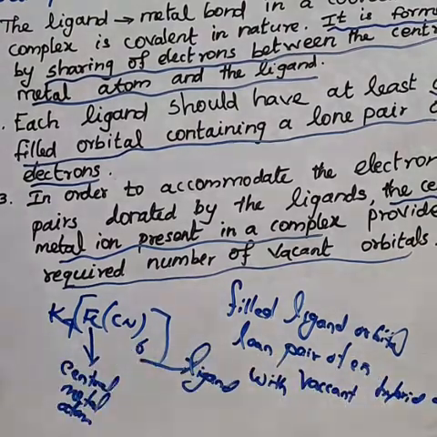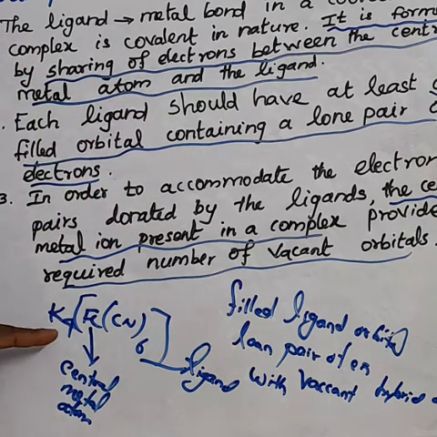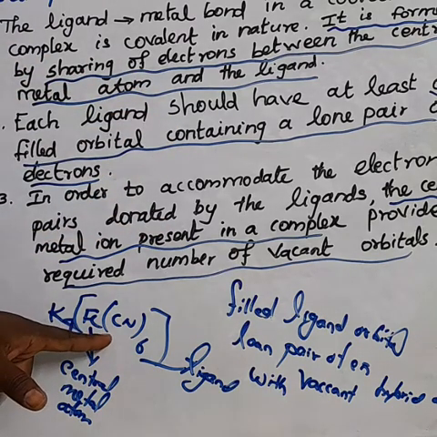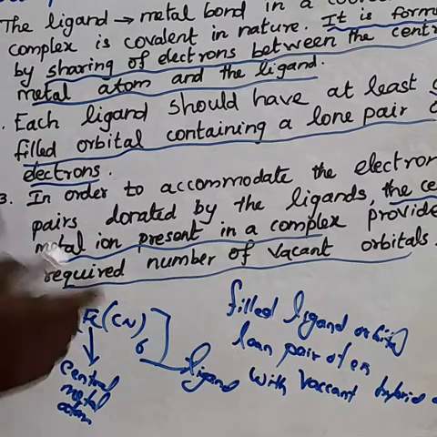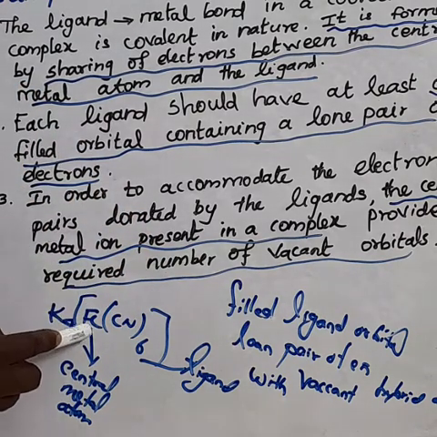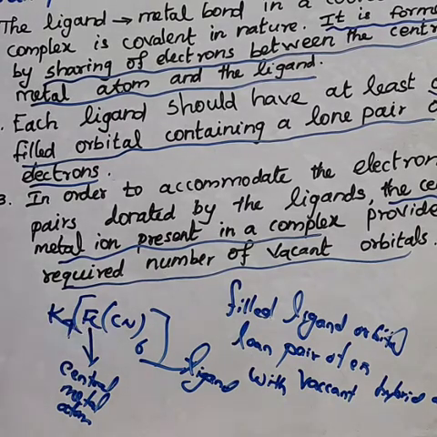This is the valence bond theory. I told you this is a coordination compound, having a counter ion, a central metal atom and also a ligand. Am I right?